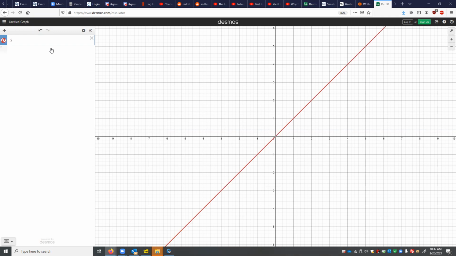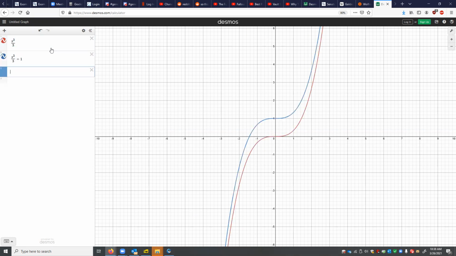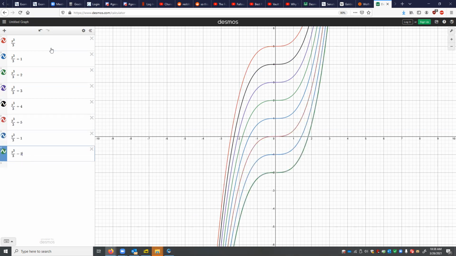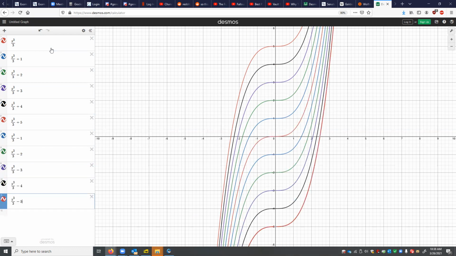An antiderivative for x squared would be x cubed over 3. But not just that: that plus 1, that plus 2, that plus 3, that plus 4, that plus 5, that minus 1, that minus 2, that minus 3, that minus 4, that minus 5.